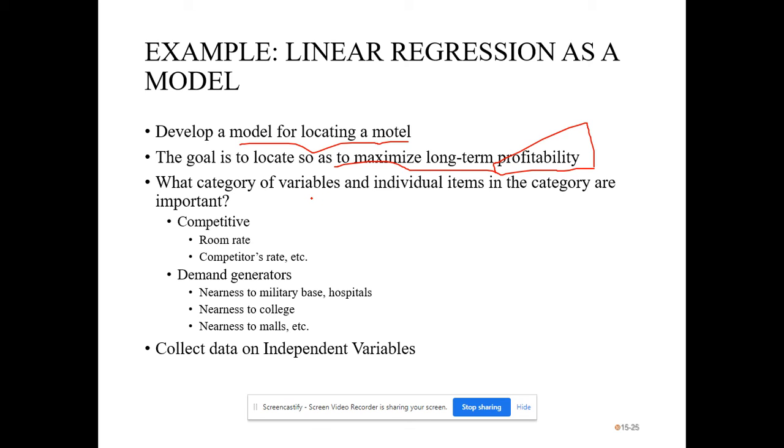Then we look at categories of independent variables, like competition, what is the room rate, what are the rates of competitors, then demand generators like distance from military base or hospital, the number of hospitals or military bases near it, how many colleges are near it, how many malls are near it.